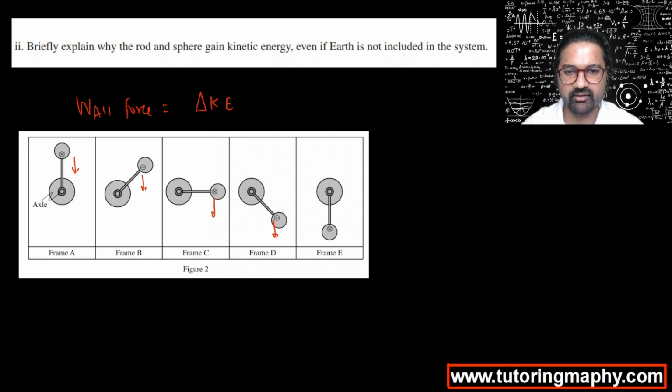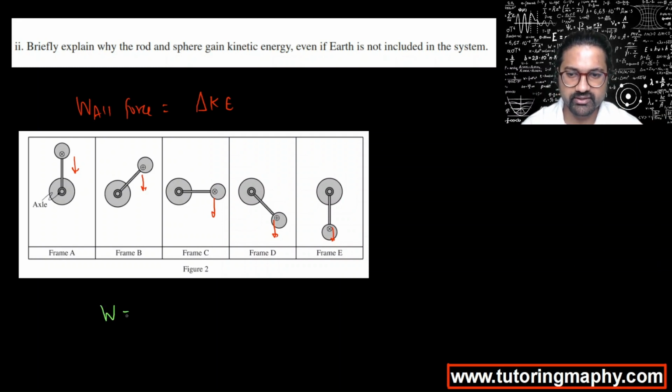And if you can help me, where is the displacement? Displacement is also down, right? Obviously some components are to be taken, but the force of mg is down, displacement is down. So the angle between the force and the displacement is acute, which means that the work done is positive.